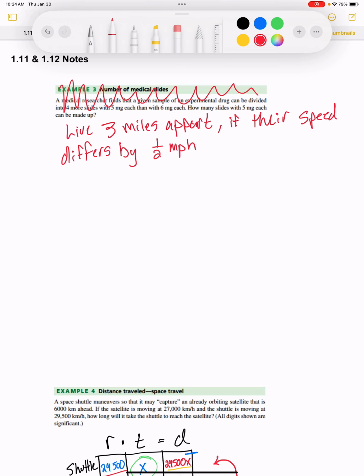They live 3 miles apart and they're walking towards one another. Basically, they're like, hey, you start walking my way, I'll start walking your way, right? And their speed differs by 1/2 a mile per hour.